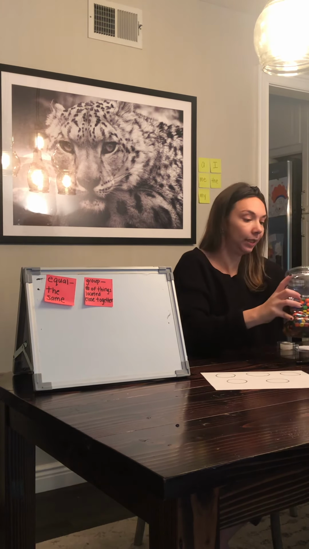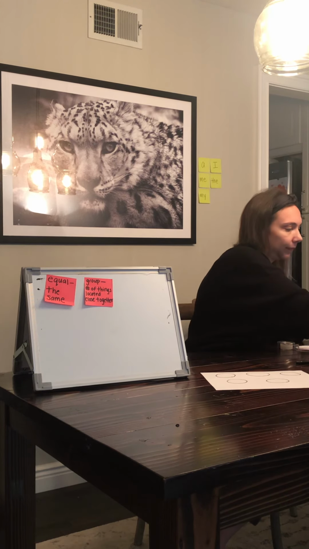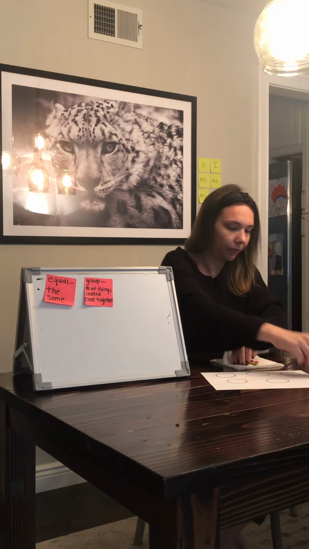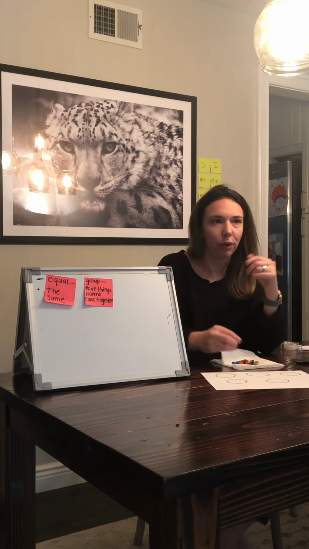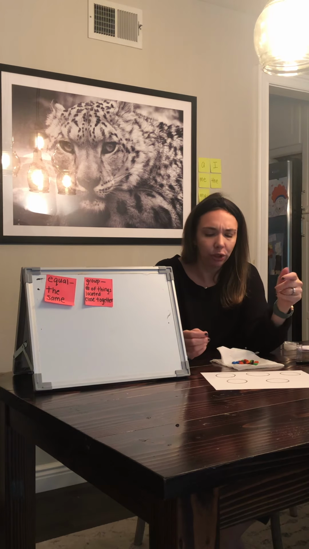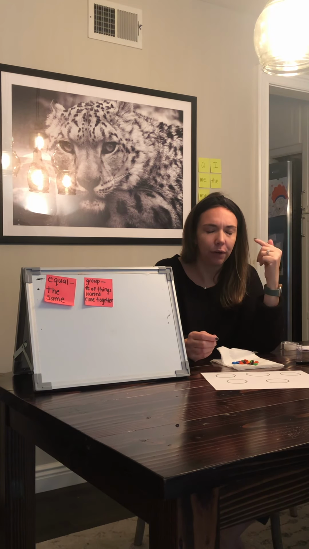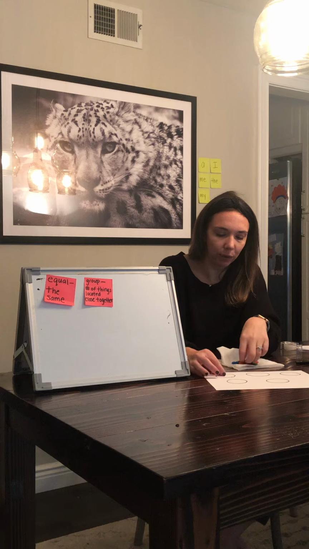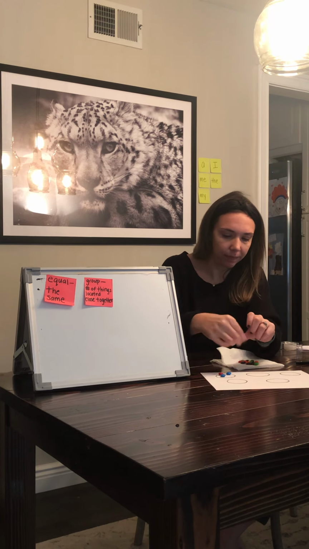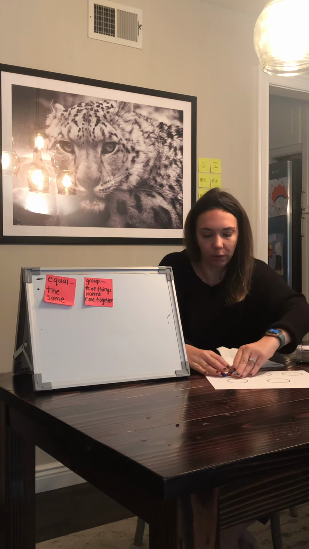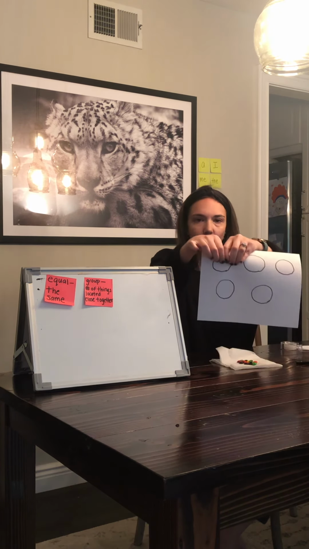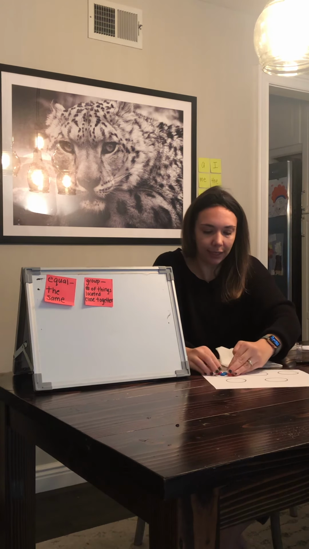Got my M&Ms. Okay. So there are 4 candies in each group. So I need to make sure that I'm picturing in my head 4 candies in each group. So here's one group, and I'm going to put 4 candies in it. So I'm going to try to hold this up so the camera can see. So here's one group, and there's 4 M&Ms in it. 4 candies in each group.